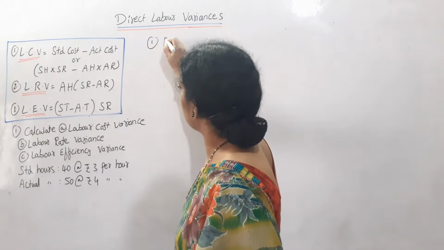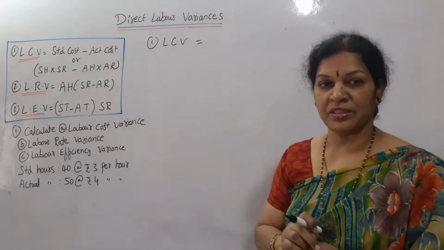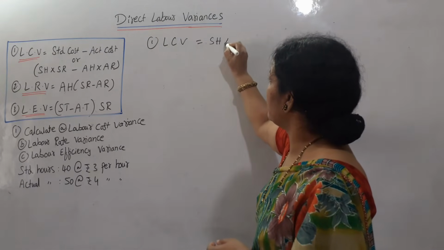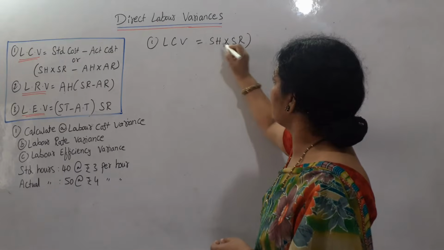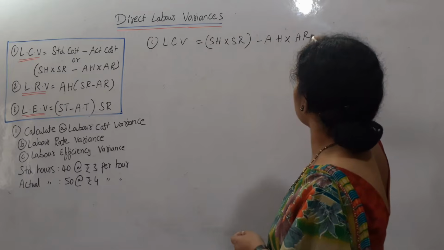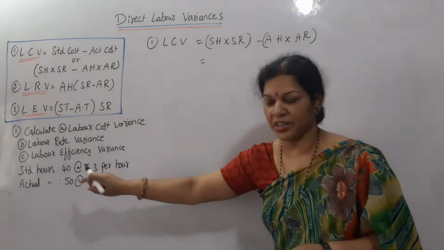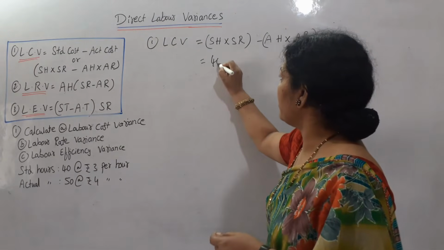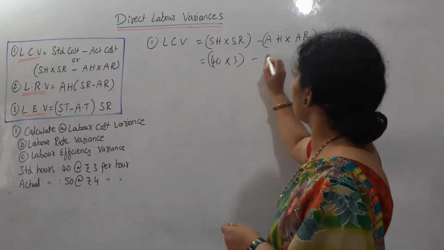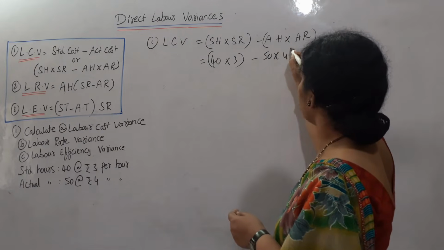The first one is labor cost variance. Labor cost variance is equal to standard hours into standard rate minus actual hours into actual rate. Standard hours are 40, standard rate is 3 rupees, and actual hours are 50 at the rate of 4 rupees.